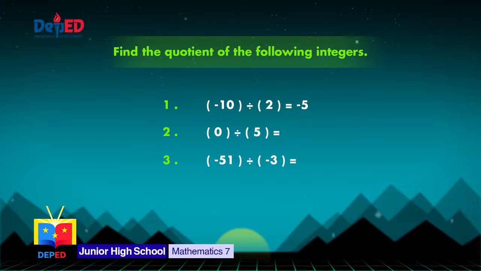So the quotient is 0. Next, negative 51 divided by negative 3. 51 is negative and 3 is negative. So they have the same signs, which means the quotient is positive 17.